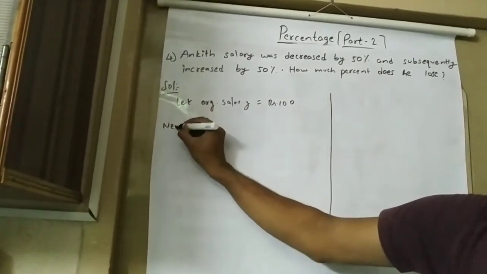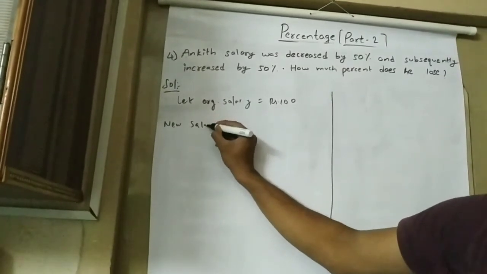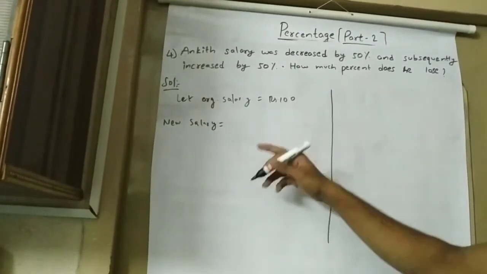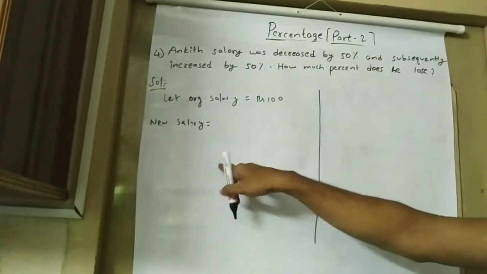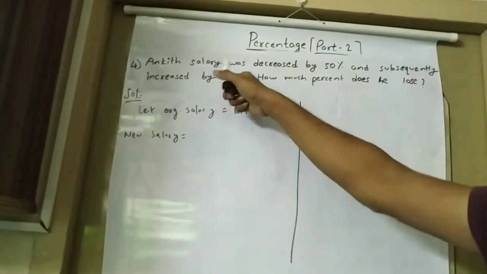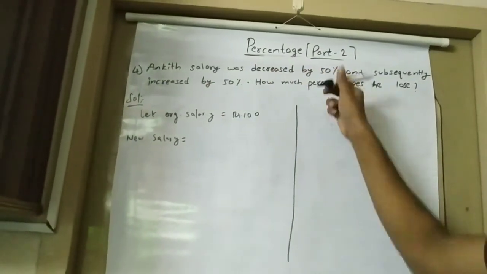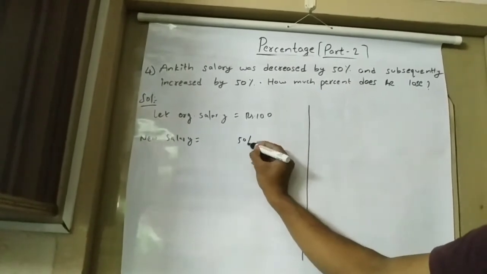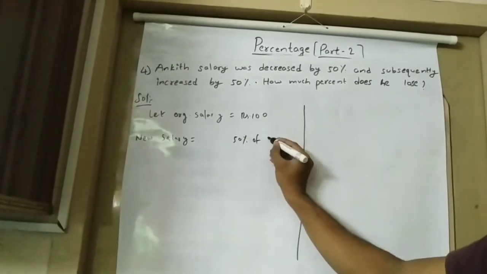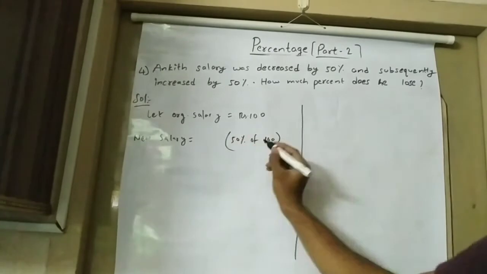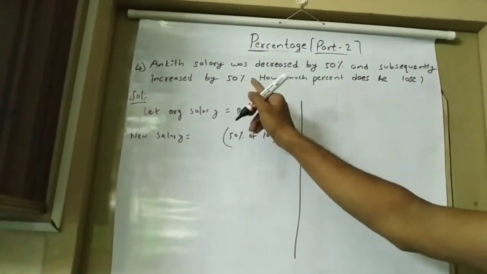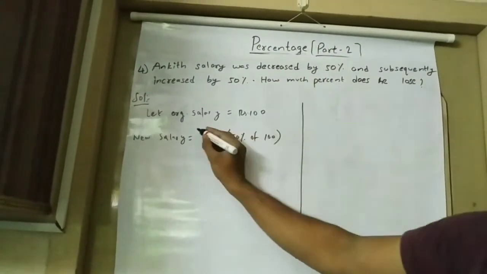Now the new salary will be, let us consider the first salary is 100%. So Ankit's salary was decreased by 50%, so 50% of the original salary, that is 100, and then subsequently increased by 50%, means 100 plus 50, 150.